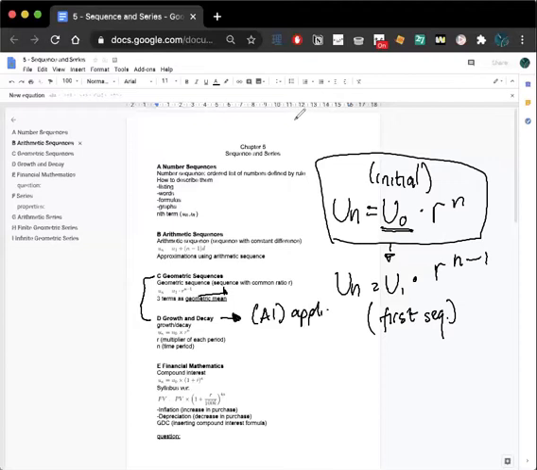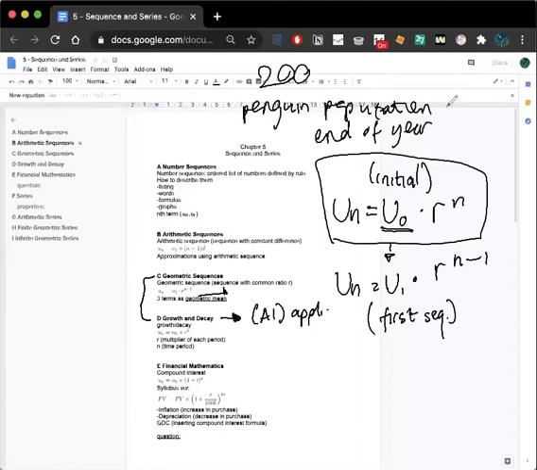they're asking you, for example, if you have 1 year, and let's just say we have penguin population growth. So in the start of the first year, we have 200 as their population. And then they want to ask in the end of the year, how much did they increase if they have a 6% growth?